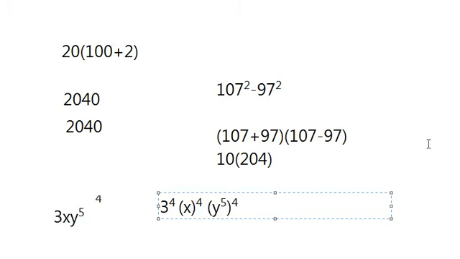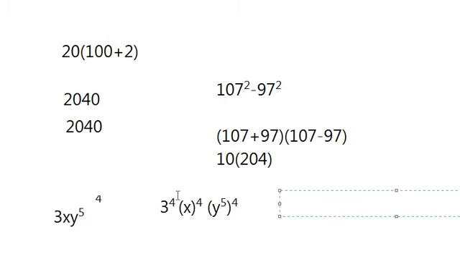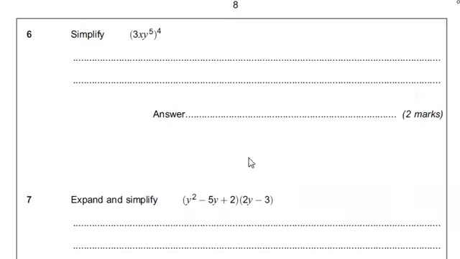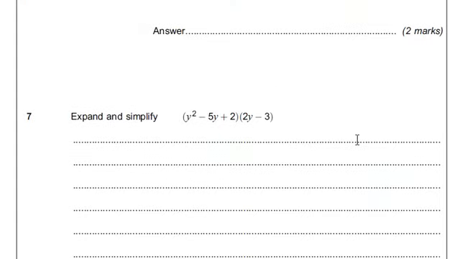So that one is 81, that one is x to the power of 4, and that one will be y to the power of 4 times 5, which is 20. So that would be the final answer for that question, and it's just a 2-mark question, so it's not going to take you long.